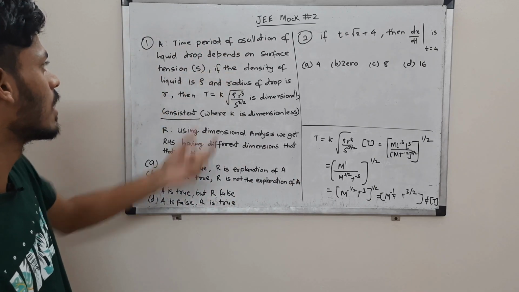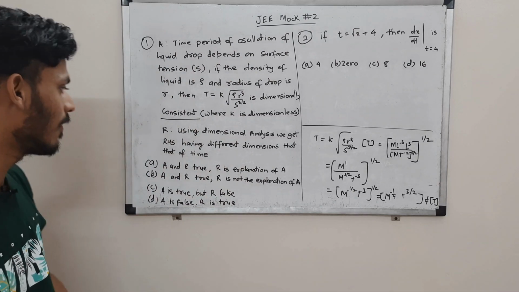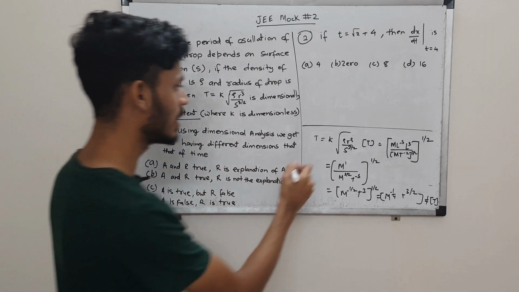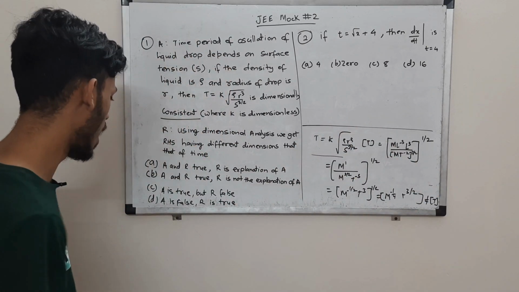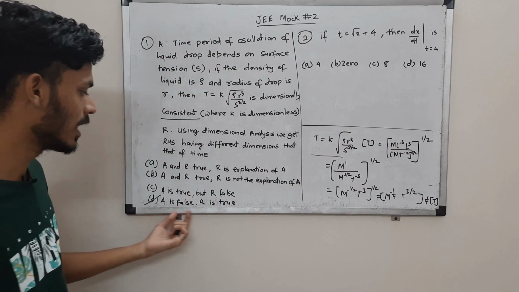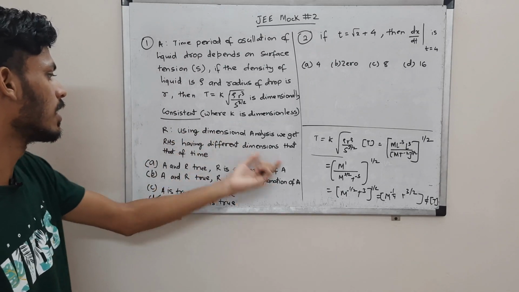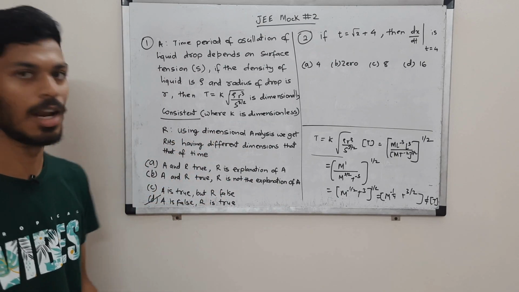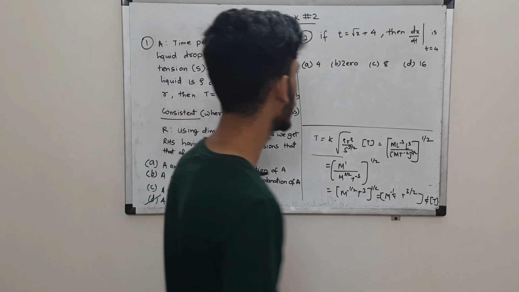You can use that the time period depends on surface tension, this, and you can derive the exact relation. However, this relation is not true. Here the dimensions on both the sides are not equal, which means A is false. And why is A false? Because the dimensions on both the sides are not equal. So option D is the correct choice over here.